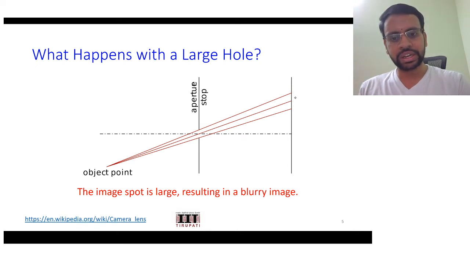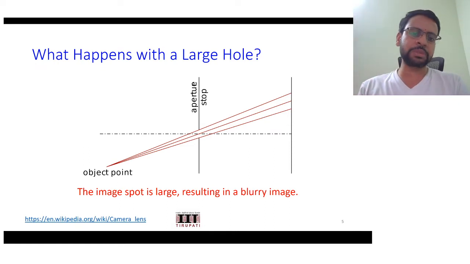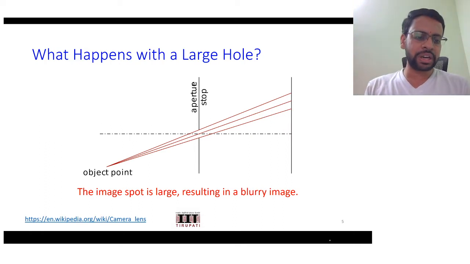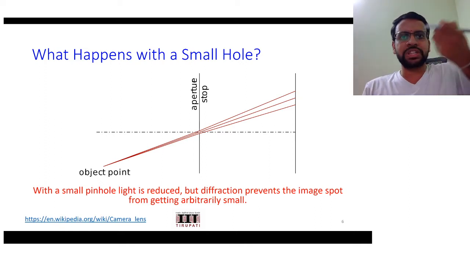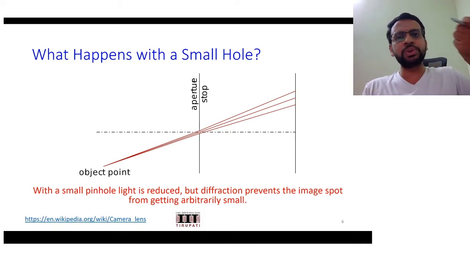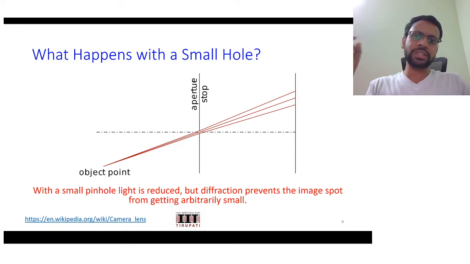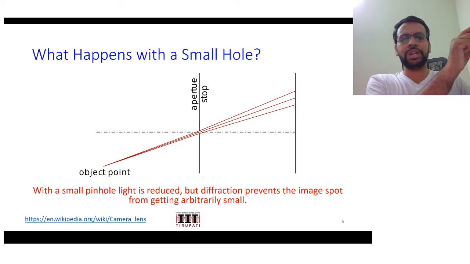Similarly, an object point next to it would also contribute to the same locations, thereby resulting in a blurry image, because points from the neighborhood are all contributing at a given point.